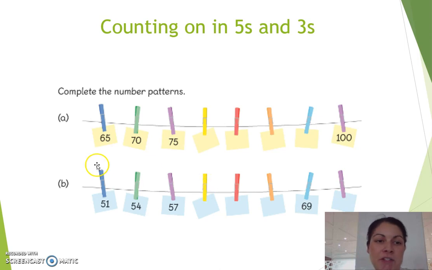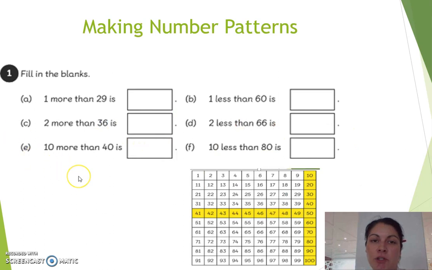Okay, so the next slide I'm going to show you is making number patterns. So the children will all be given the 100 squares, I said, and this will help them. So the first one is 1 more than 29, so it has to be bigger than 29. We would find 29 on our 100 square, and we just add 1 more, and the answer is 30.